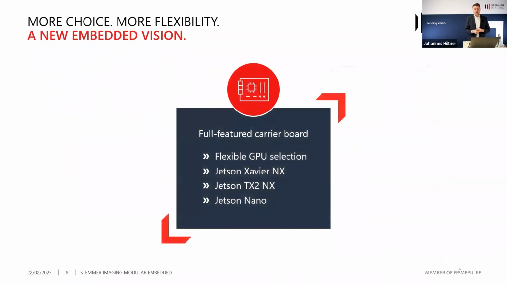The first USP is that we provide a full-featured carrier board with a pretty broad and flexible GPU selection, which allows easy retrofit, for example, in your hardware setup, and also allows for pretty easily scaling up the CPU power whenever needed for your specific application. So it's quite easy to just find the right processing hardware, processing power for your specific application.